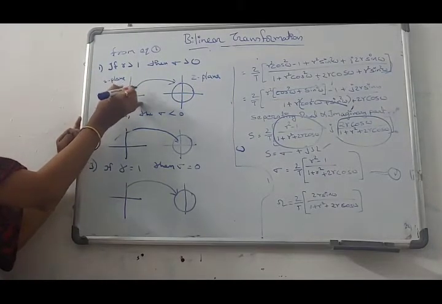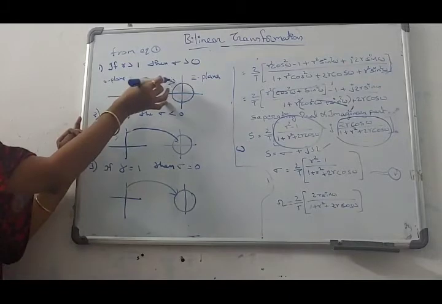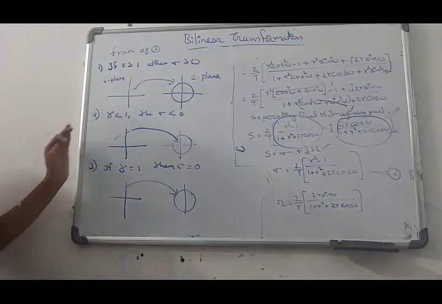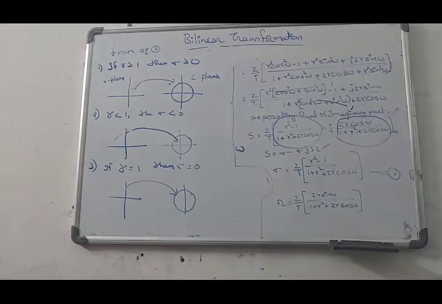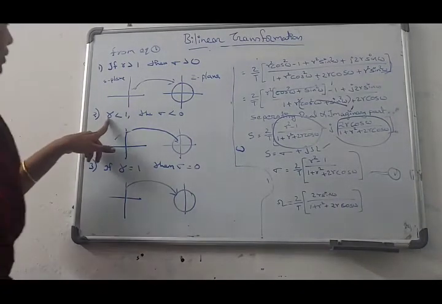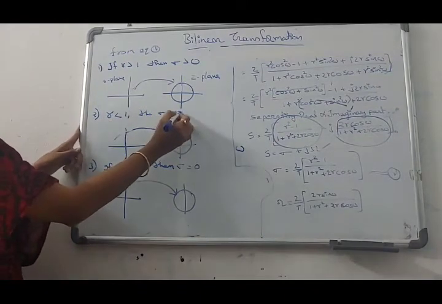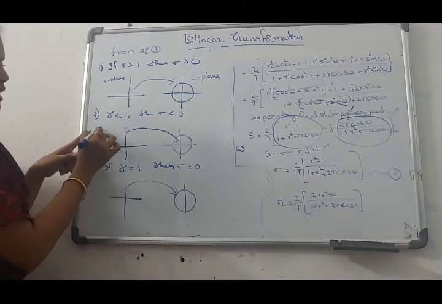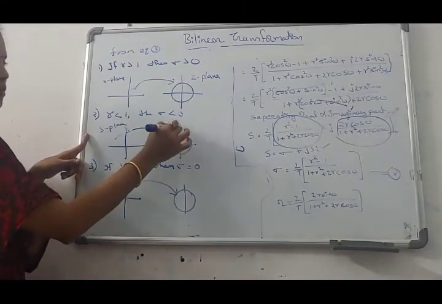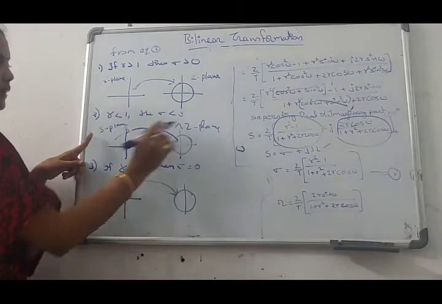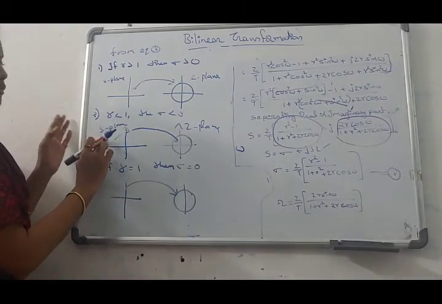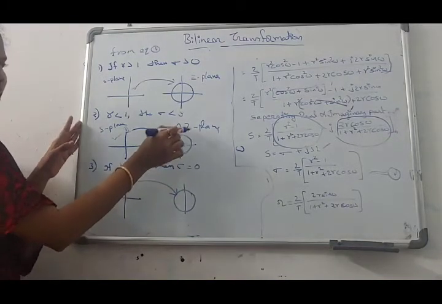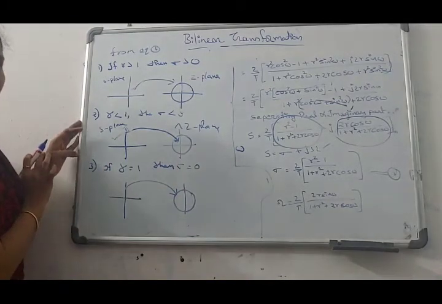If you take a pole in the right hand side, that pole will map outside the circle. If r is less than 1, then sigma is less than 0. A pole in the left hand side of the S plane will map inside the circle of the Z plane.